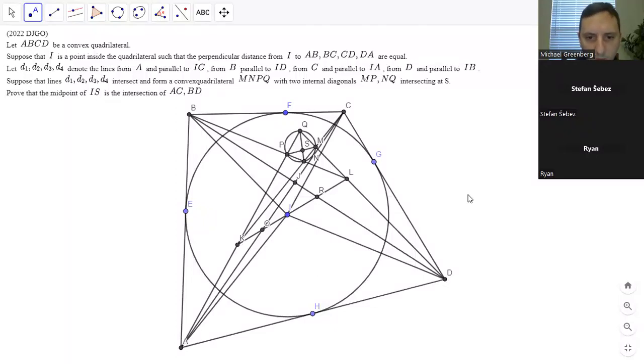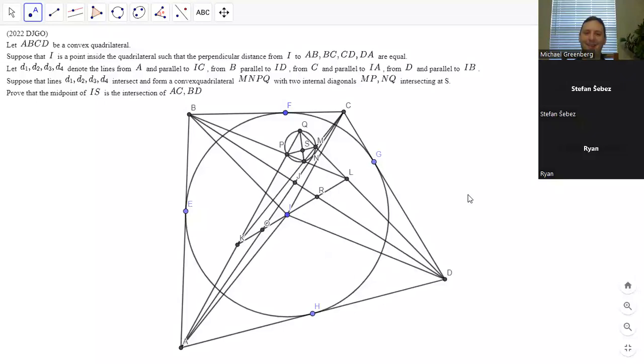Then we would want to have a homothety at I, which sends triangle OJR to SKL. Since we already know those two midpoints, O and R, we will want to show that, for example, JR is parallel to SL.